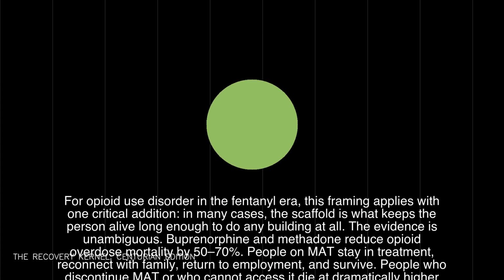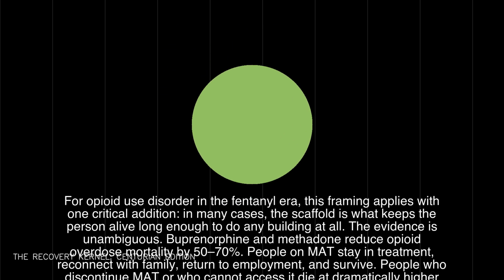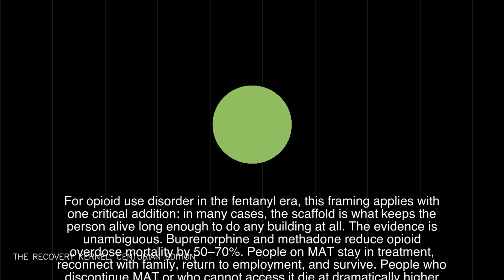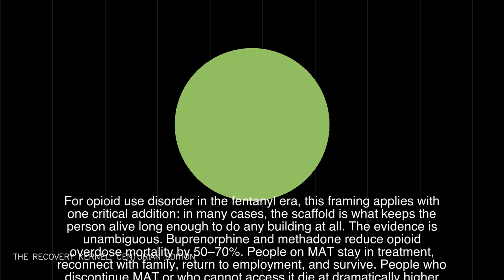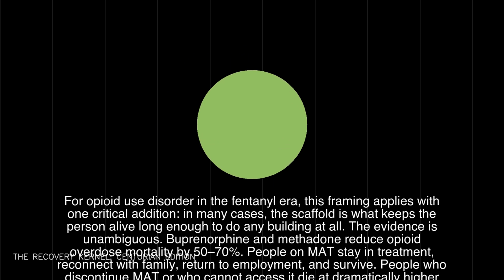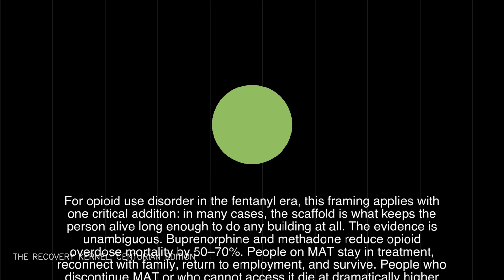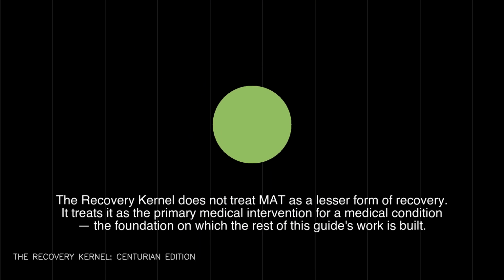People who discontinue MAT or who cannot access it die at dramatically higher rates. The recovery kernel does not treat MAT as a lesser form of recovery. It treats it as the primary medical intervention for a medical condition, the foundation on which the rest of this guide's work is built.